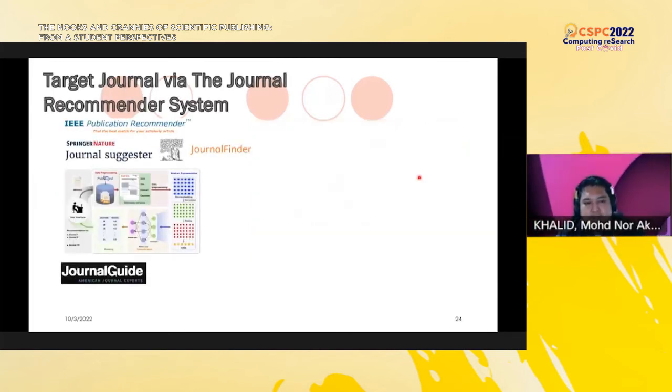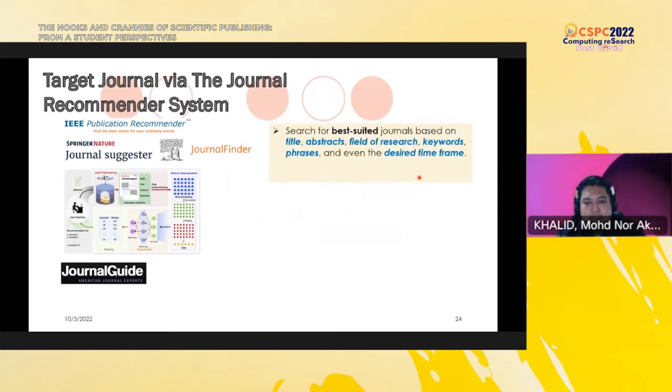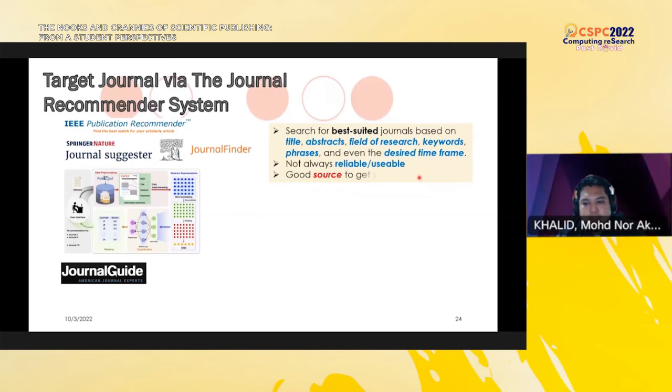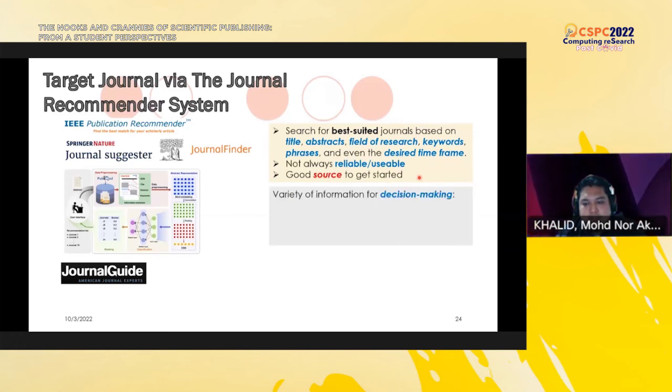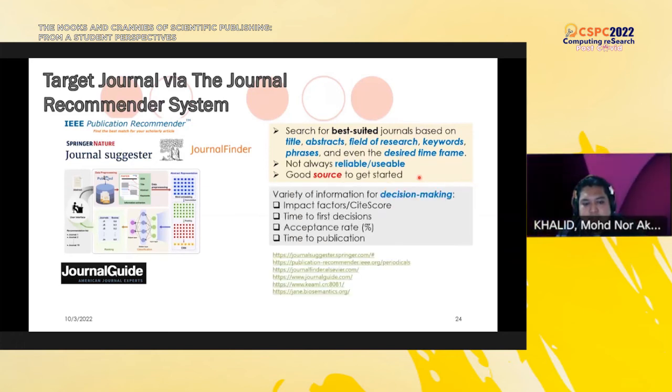Usually, if you want to target a certain journal, you can use a journal recommender. It's good, but not always reliable. There is a variety of information that you can get from these journal recommenders: the IEEE Publication Recommender, Springer Nature Journal Suggester, Elsevier Journal Finder, and so on.